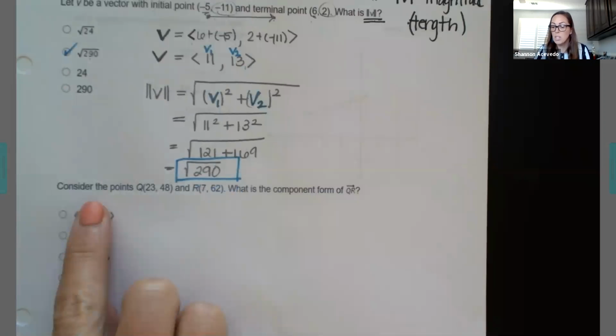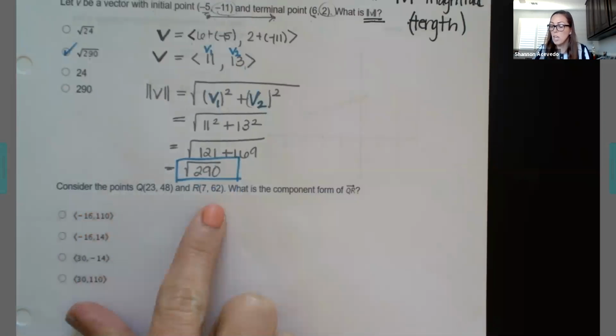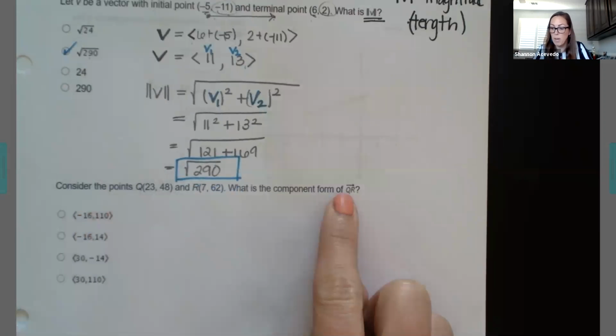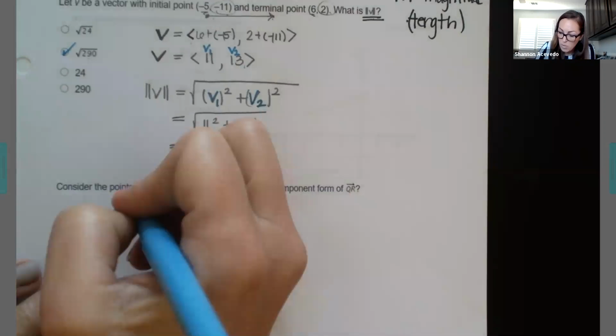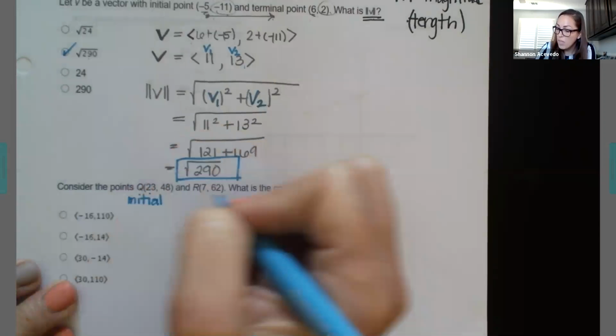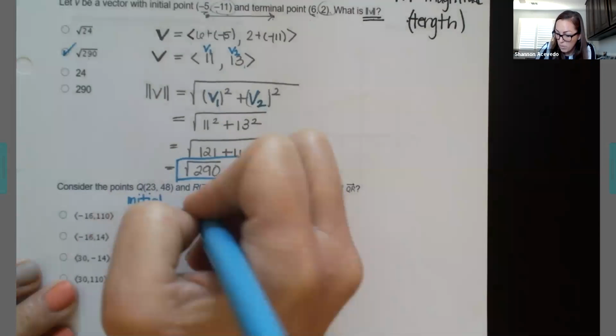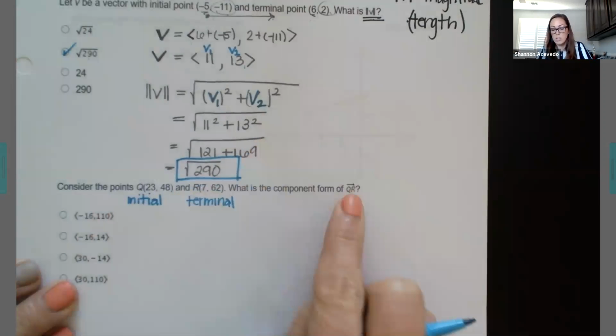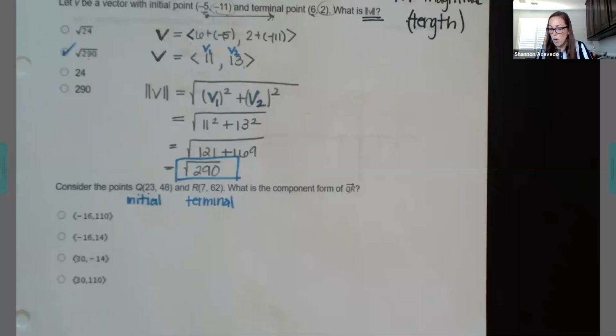Consider the points Q and R. What is the component form of QR? So notice this notation, Q's first, and look at the way that this ray is above it. So this would be the initial point, and this would be what we would call the terminal point, because that's where it's going to. So they want component form.